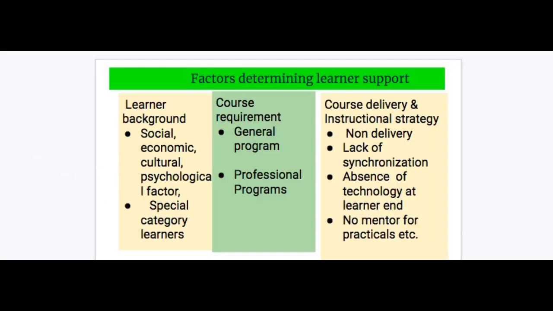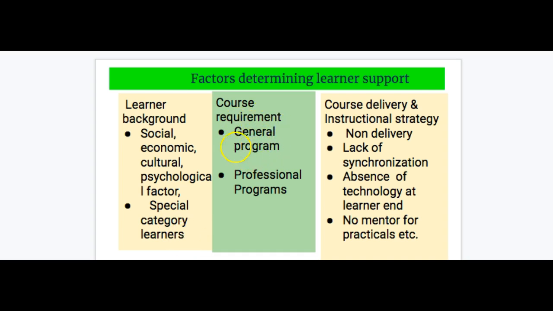Let us come to the factors which determine the learner support. It is the learner's background, their social, economic, cultural and psychological factors, which determine what kind of support is required for them and what kind of support is required by special category learners.